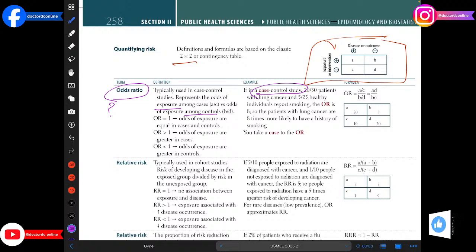Or, to put this more simply, does the exposure to the risk factor increase the odds that you have the disease in question? And if it does increase the odds of disease, how strongly is the exposure associated with the disease? In statistical terms, this means that the exposure is more associated with disease than chance alone.